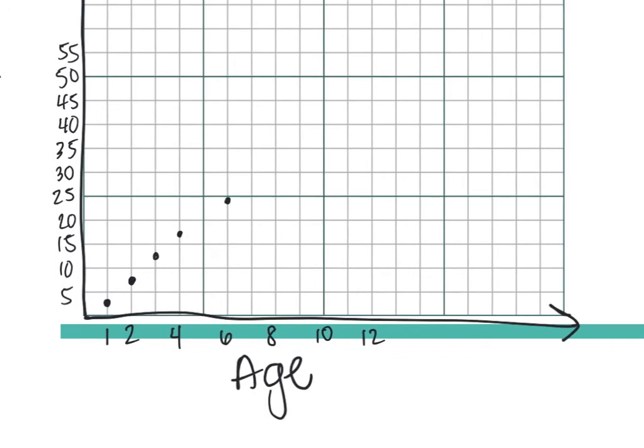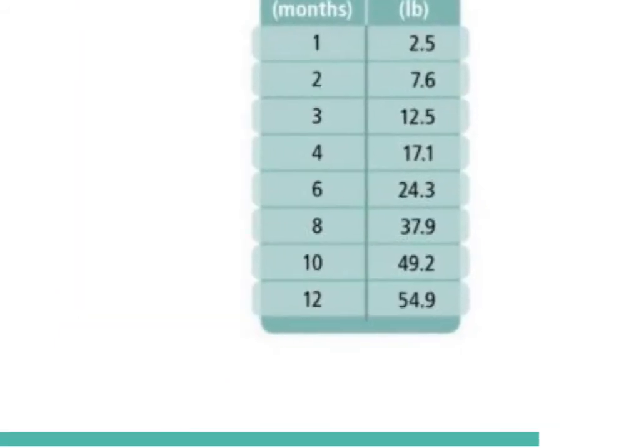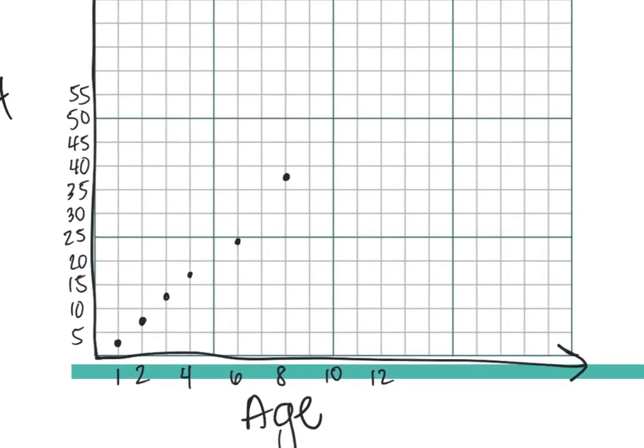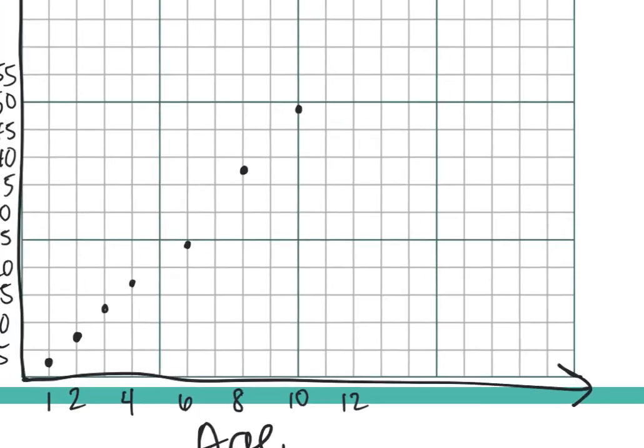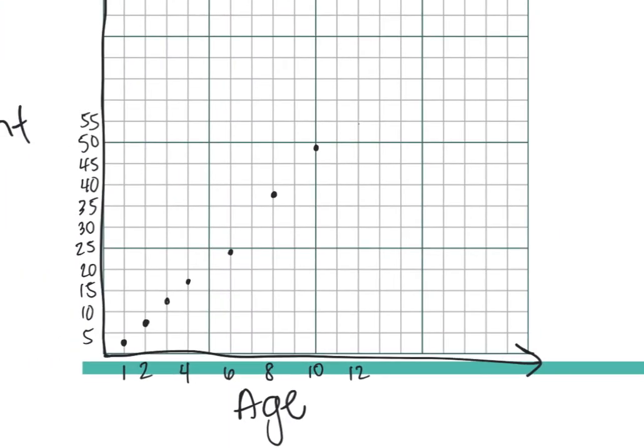It's going to be between 35 and 40, right around here. And then at 10, they're at 49.2. That's just below 50. And at 12, they are just below 55. Almost, like literally just below 55.